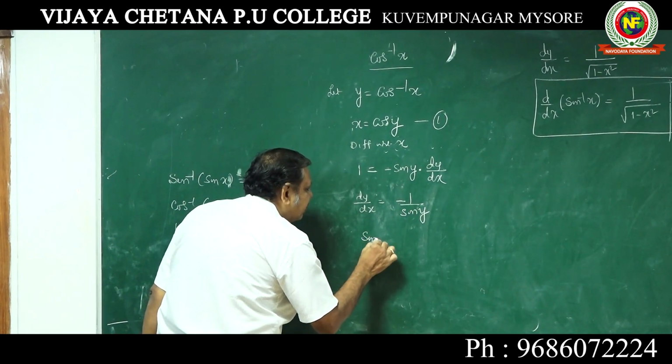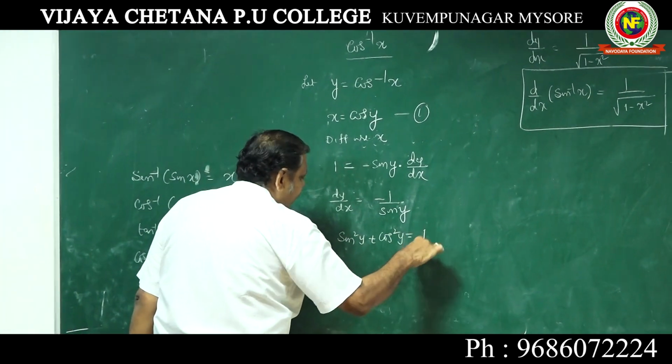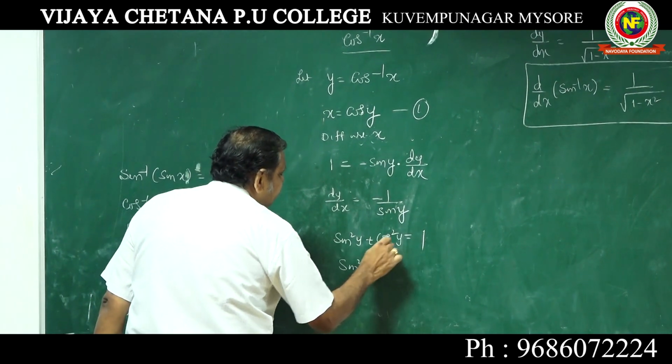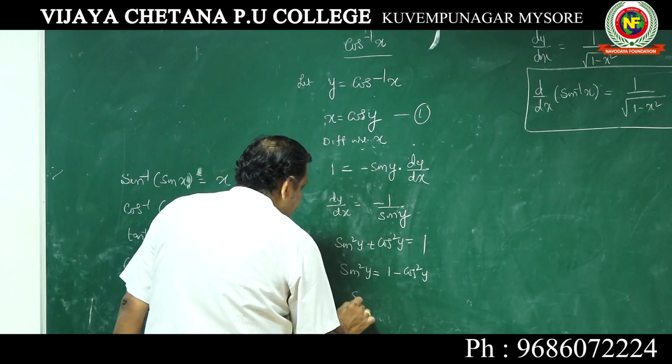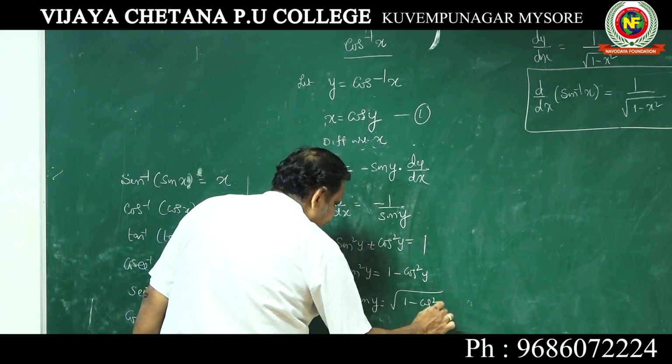Again use the same formula, sin square y plus cos square y is equal to 1, or sin square y is equal to 1 minus cos square y, or sin y is equal to square root of 1 minus cos square y.